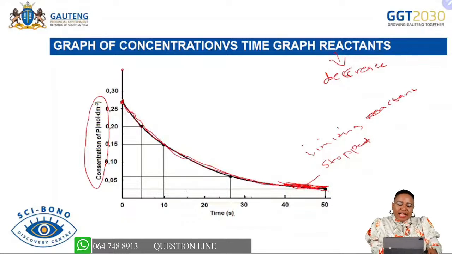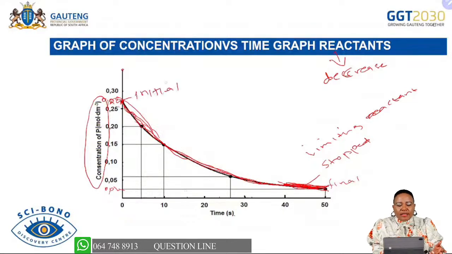And you can see that the graph is decreasing from a higher value to a smaller value. So that is why if you calculate the rate of reaction, you will end up having a small value. Let's say maybe this is 0.02 and this was 0.28. So you can see that when you calculate the rate, definitely the answer will be negative, because this is your final and this is your initial.